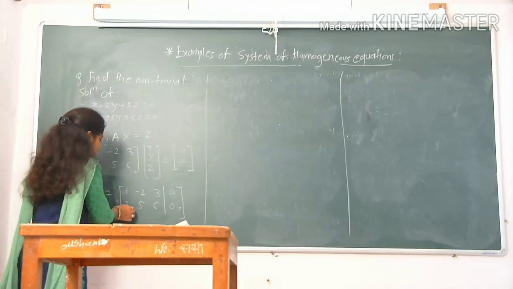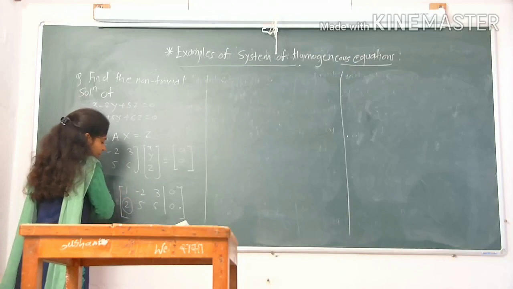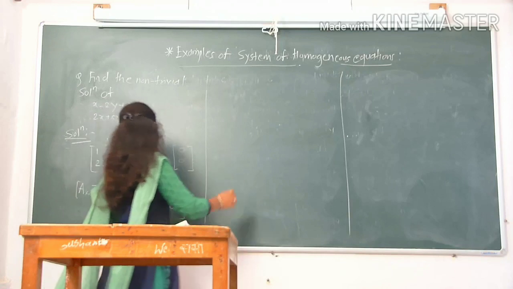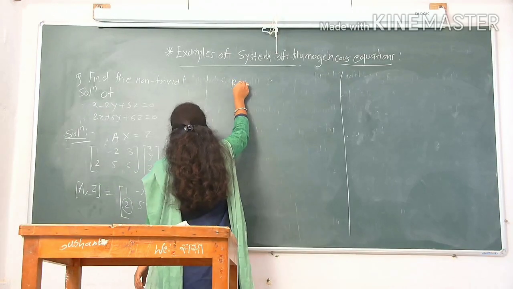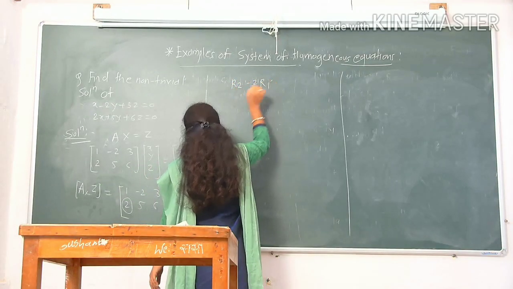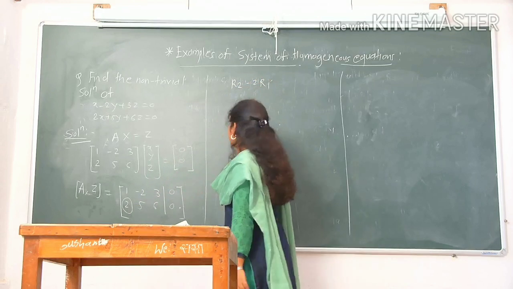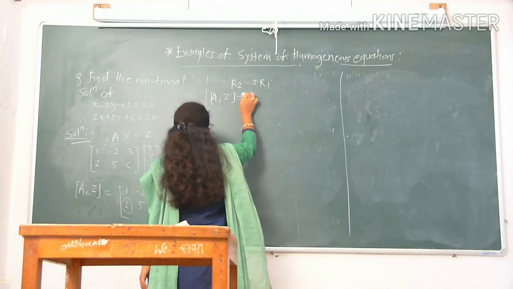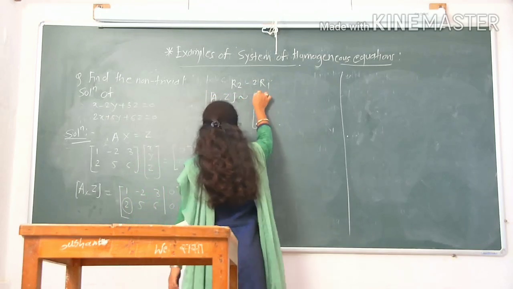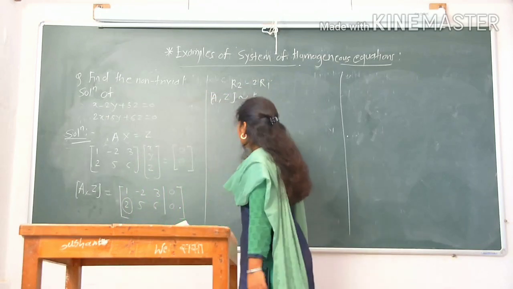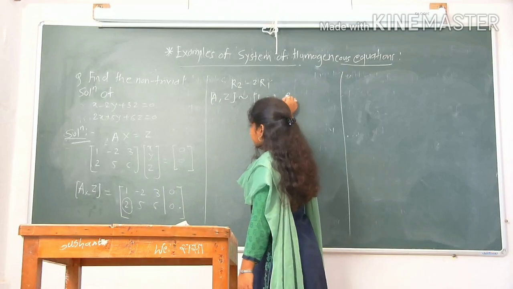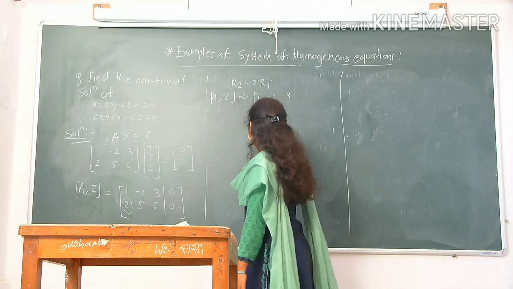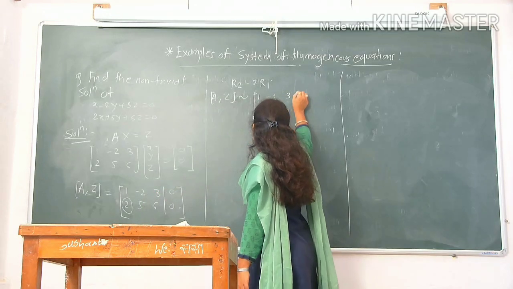To convert this matrix into row echelon form, we have to make these elements 0 first. So by performing R2 minus 2R1, we can get these elements to be 0. So augmented matrix AZ is similar to 1, minus 2, 3, 2 minus 2 is 0, 5 minus 4 is 9 and 6 minus 6 is 0.